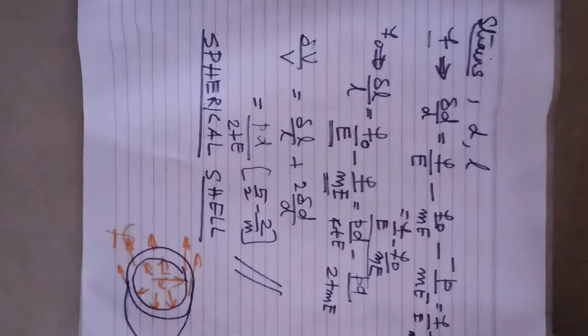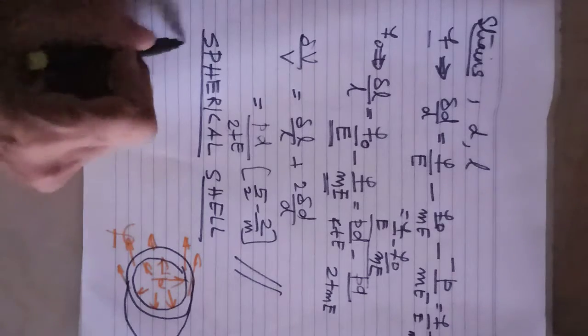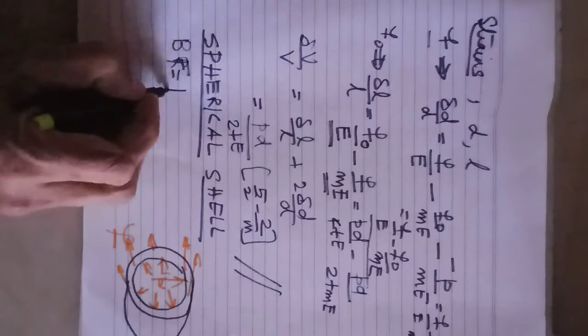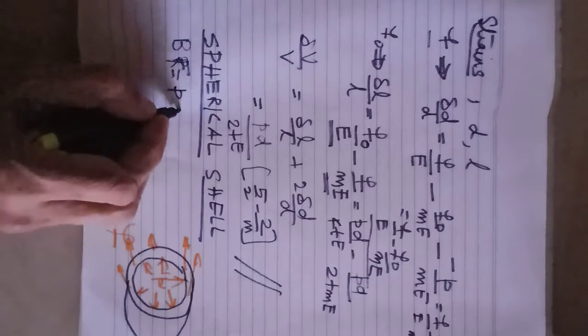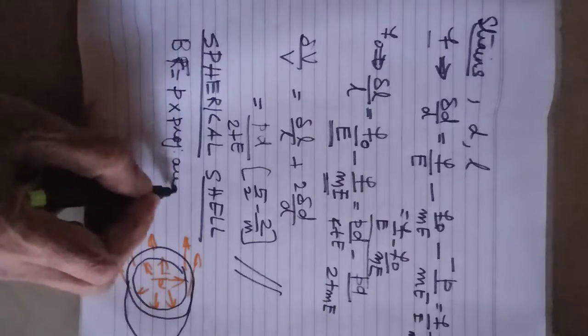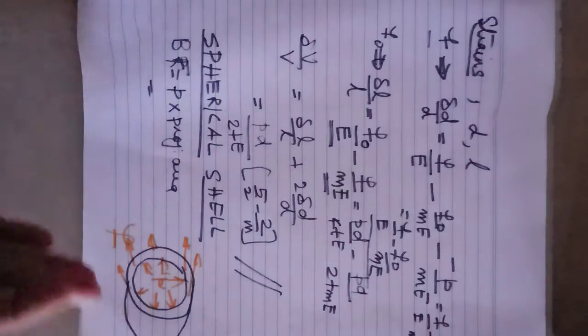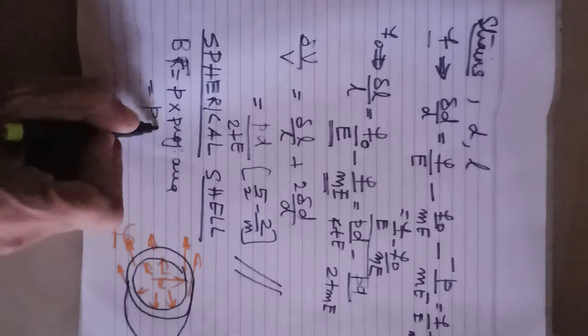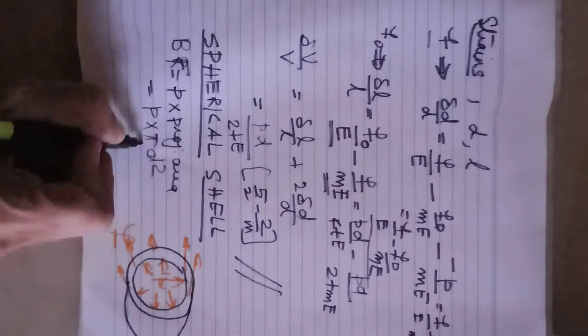Can you tell me what is the hoop stress developed in this particular case? I have told you bursting force is always equal to intensity of pressure into projected area. Projected area means here if you cut in any cross section, it is going to give you a circular cross section. The projected area will always be a circular area. So you will have p into pi d square by 4.